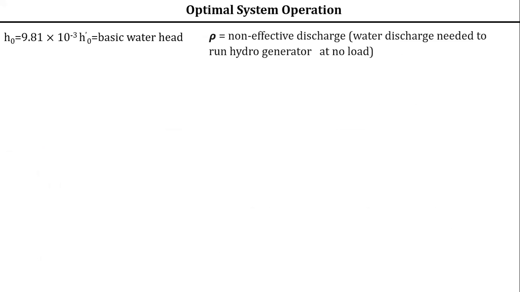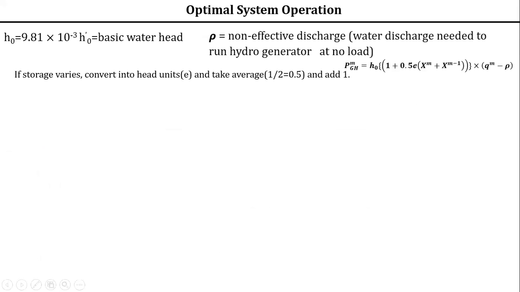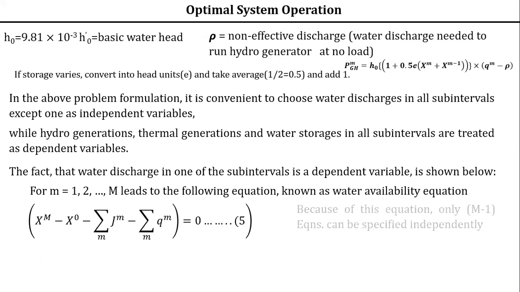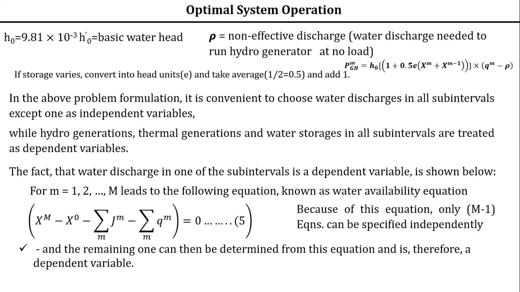Okay, let us glance at what we have done in the earlier class. So we have done all these equations, the water continuity equation, and we have seen that one variable will be dependent, all other variables are independent, isn't it? So I've explained that we choose water discharge in all subintervals except one as independent variable.